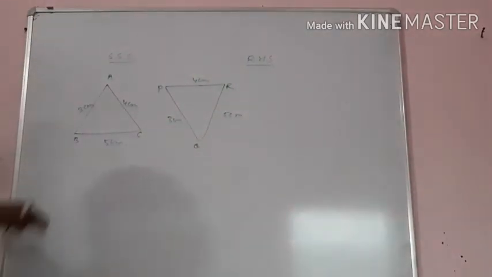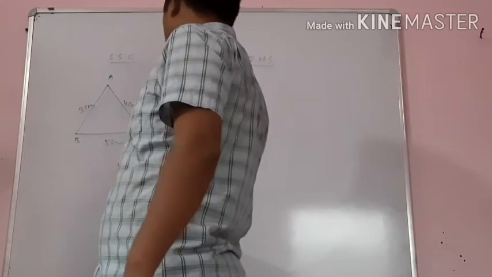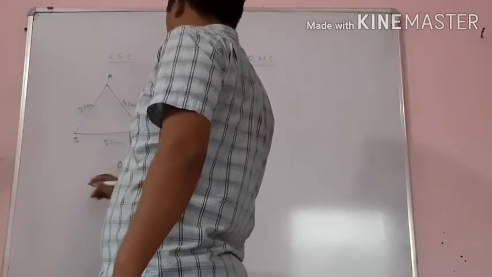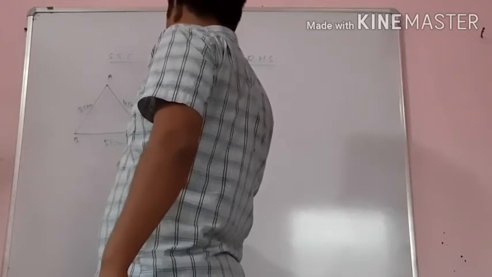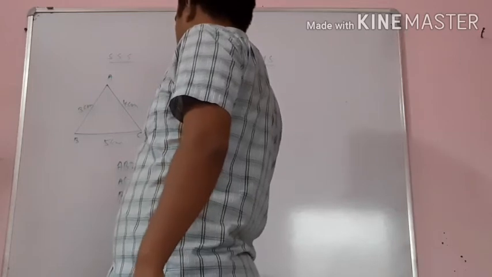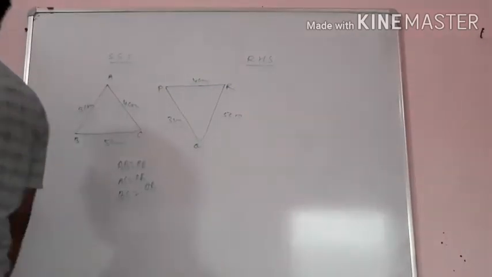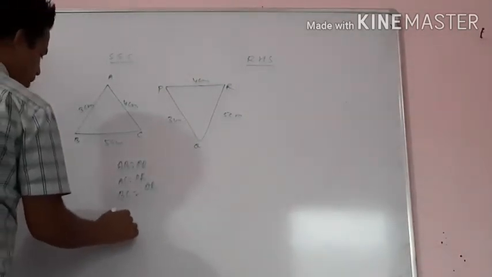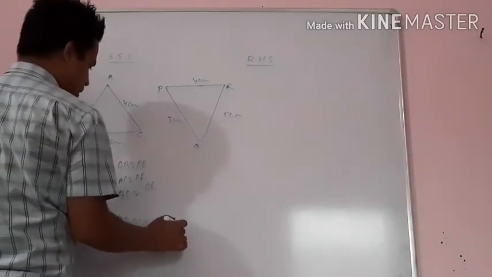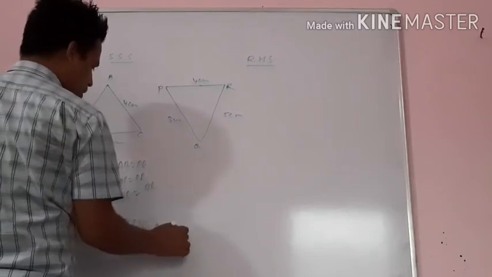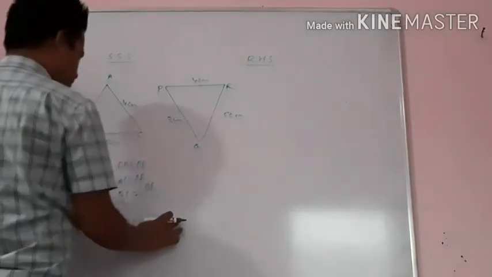So when we look at triangle ABC and triangle PQR, here AB equals PQ, AC equals PR, and BC equals QR. So triangle ABC will be congruent to triangle PQR.